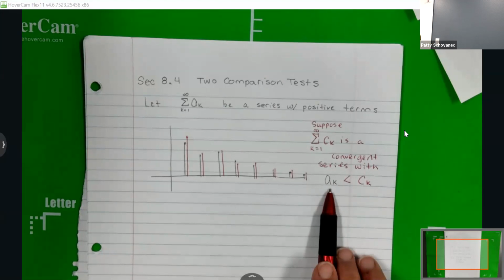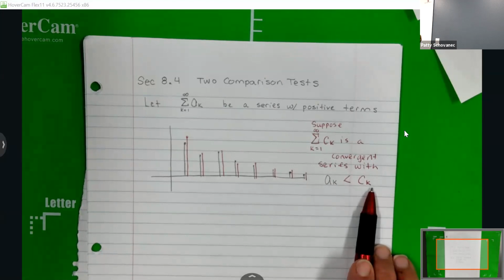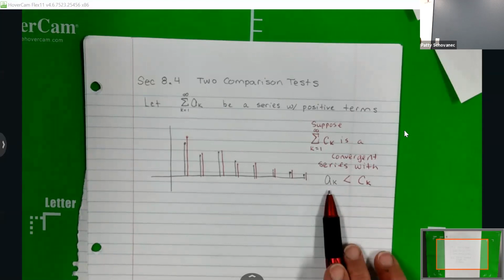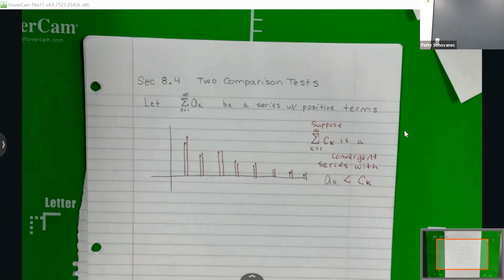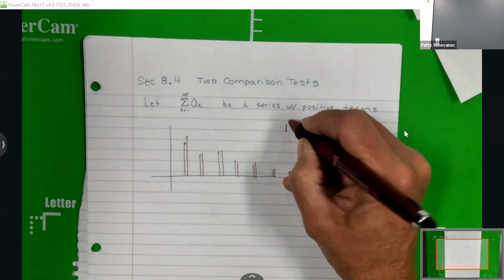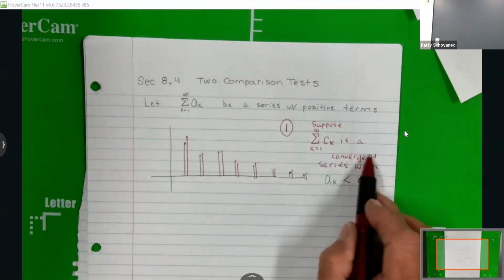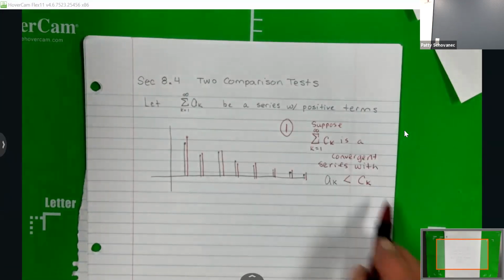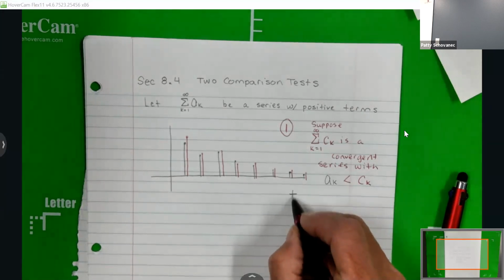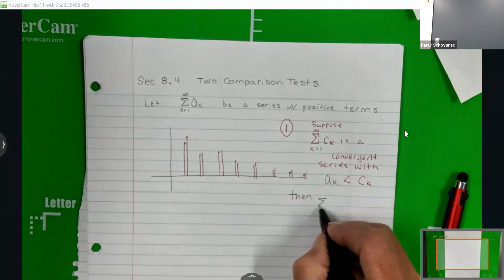If our series is smaller than a convergent series, then the first statement in the direct comparison test says that our series will converge. So suppose c_k is a convergent series where all the a_k's are smaller than the c_k's, then the a_k's converge.